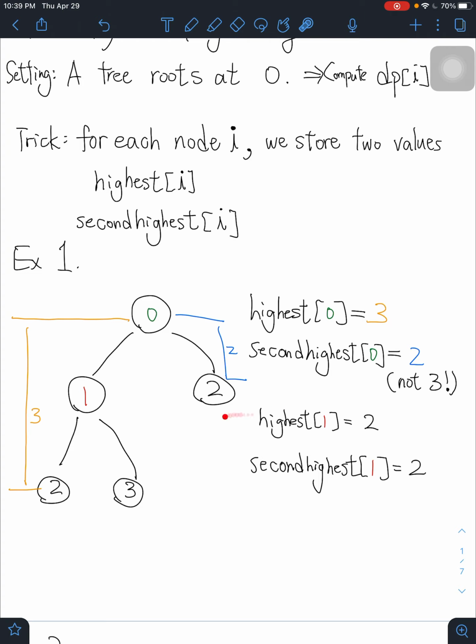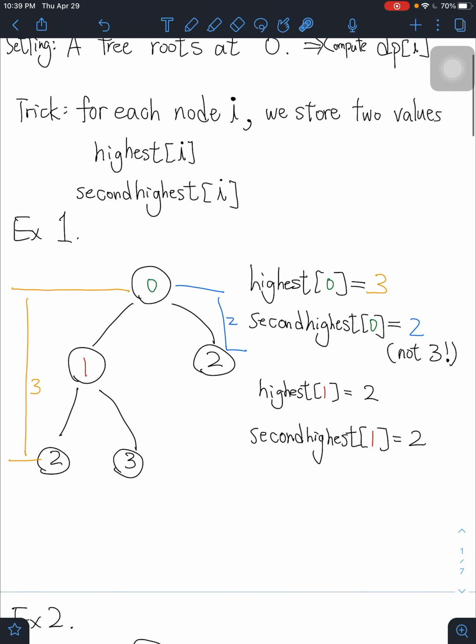You can notice that 0 only has two children, so it can only have two choices. And then we can see that highest[1] is 2, and second_highest[1] is 2, because from 1 to 2 the height is 2, and 1 to 3 the height is 2.